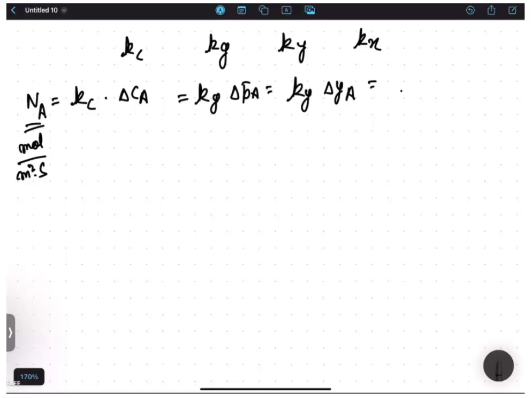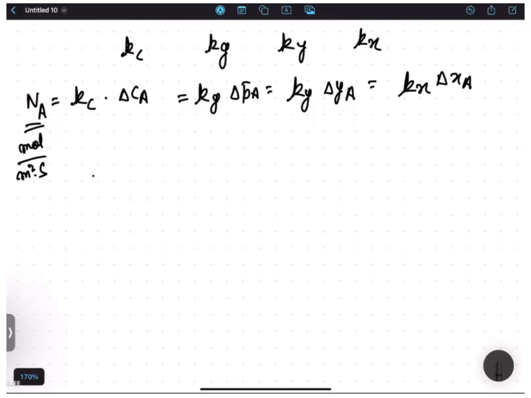And you can write it Kx into delta Xa. We can write this, no, because the Na unit is not changing. Your Na unit is mole per meter square second only. Only the mass transfer coefficients and the driving force are changing. Now as the driving force is changing, the mass transfer coefficient's unit is also changing, and it is balancing each other out to get the final unit as mole per meter square second. Clear?